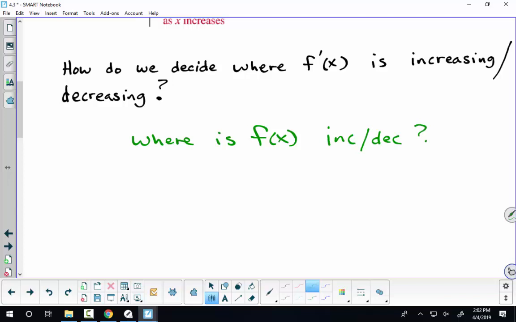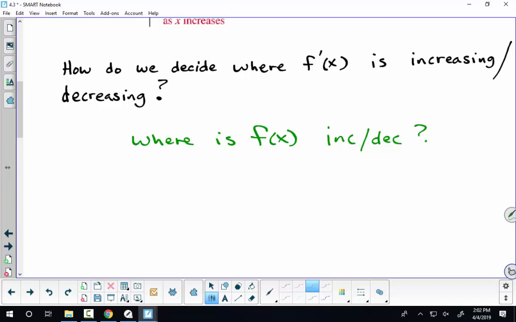How do we determine that? Create the table. Yeah, we created the table for the first derivative.